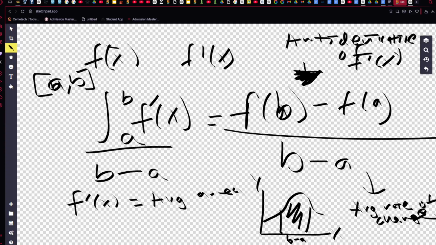And remember that there is some f prime of c where the instantaneous slope is equal to the average rate of change. So that's a little bit hard to understand.